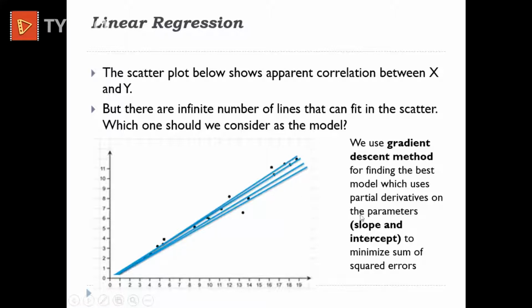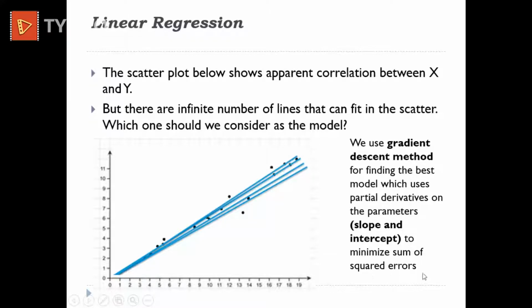That m is nothing but the slope of the line, and c is the y-intercept, where this line cuts on the y-axis. So what this gradient descent method does is it finds the best fit model by calculating the partial derivatives on these parameters in such a way that minimizes the sum of squared errors.